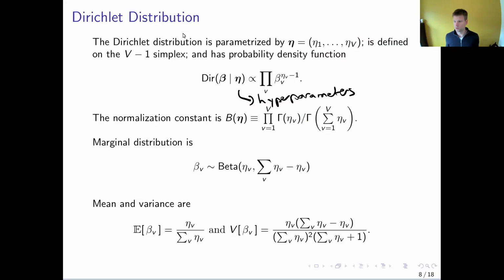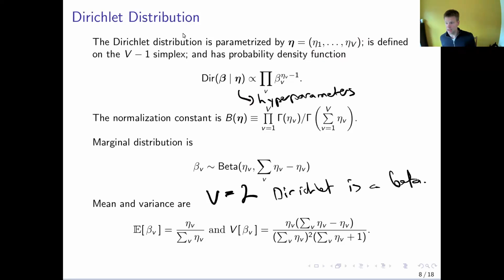If you compute the marginal distribution out of a Dirichlet, it turns out that's a beta distribution. As I said before, if you take V equals 2, so you only have 2 dimensions, then the Dirichlet is a beta.